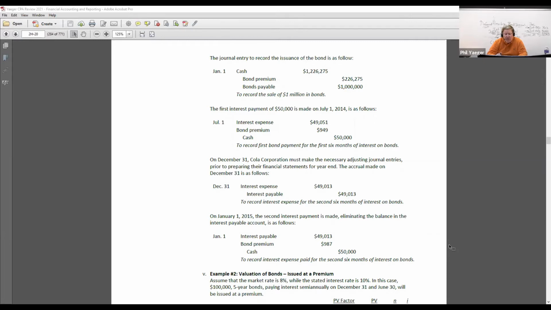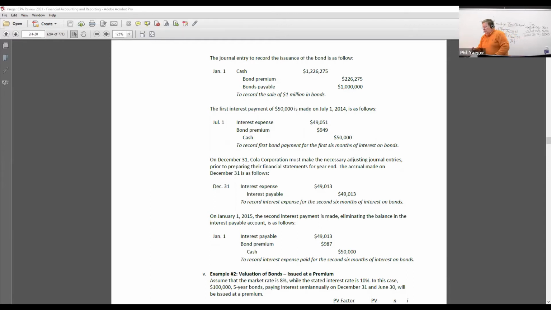Let me repeat that. On January 1st, 2015, we made the next payment. They paid 50,000, the interest expense was 49,013, and they amortized 987. Do you agree?